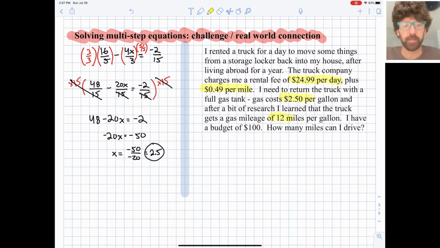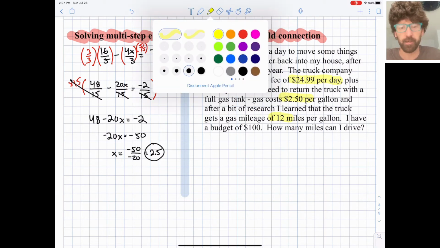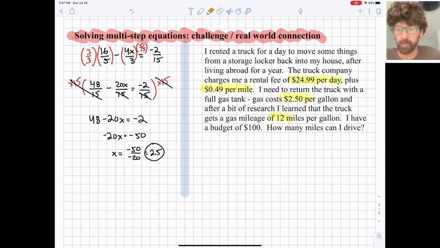This is a little bit of a tricky one at first, particularly because there is a per day, there's a per mile, and there's a per gallon, all wrapped into the same problem. And when I'm stuck on something like this, I actually look for the actual question mark. Here's the question mark, and it's saying how many miles can I drive?